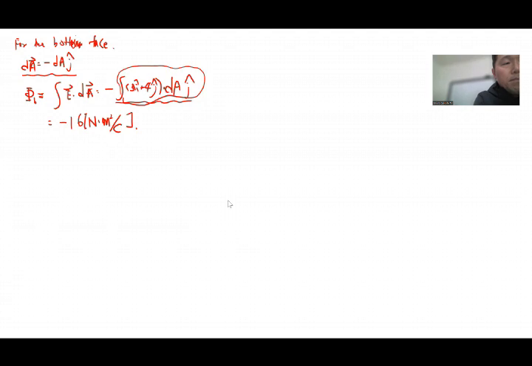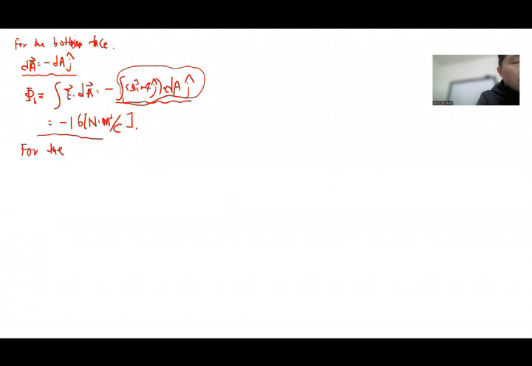Then the remaining faces of this Gaussian cube are the front and back faces. We can first define the area vectors of those two faces.